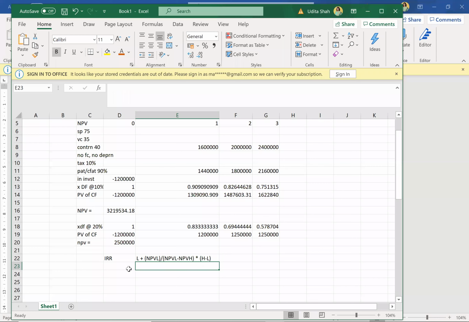right? So IRR is equal to what is the lower rate? Lower rate is 10% plus, okay. NPV of lower rate is how much?